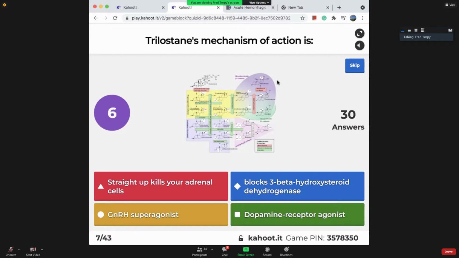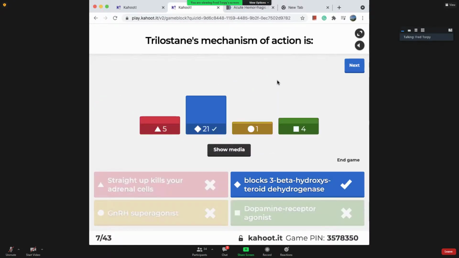This is something where pharmacology, the mechanism of action is just such low-hanging fruit that you just got to flashcard them or have them in your brain. Don't walk into the test not knowing a mechanism of action for a drug that they spent at least a decent little bit of time on. Nice. Good job, you guys.